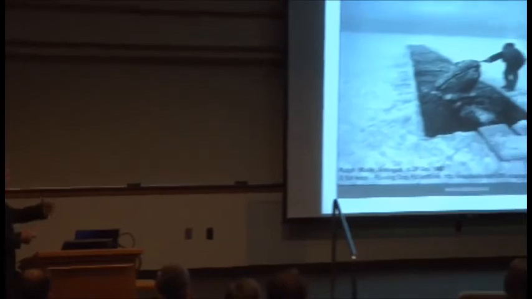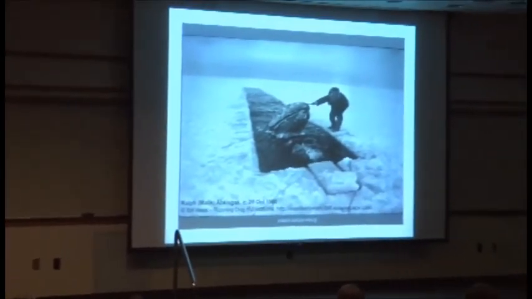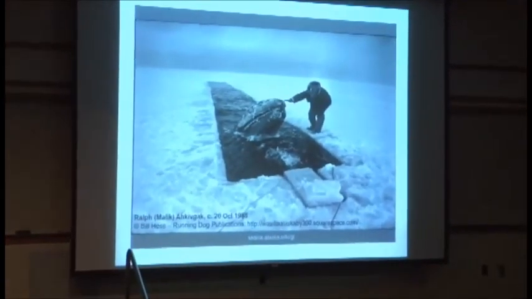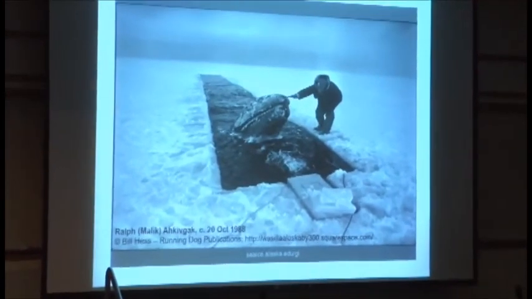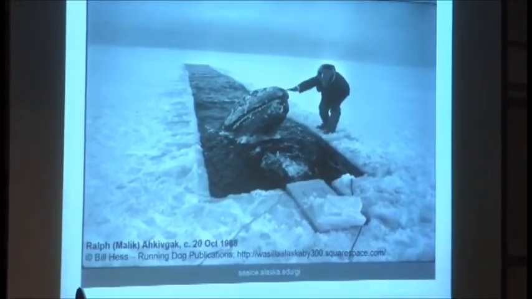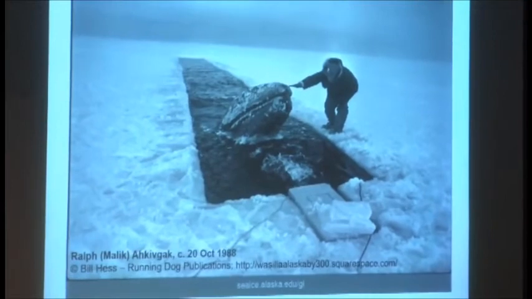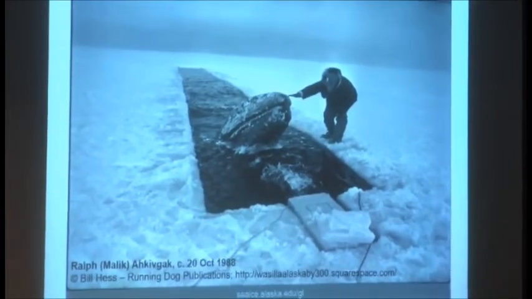This is actually a real photo, a real story. This is back in 1988, and these whales got trapped, I believe in October, because there was so much ice. But now you don't see anything like that. At that time of year, there's just no ice even nearby. So this certainly has an effect on whale behavior.